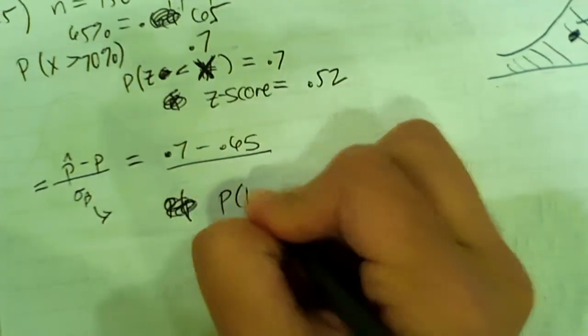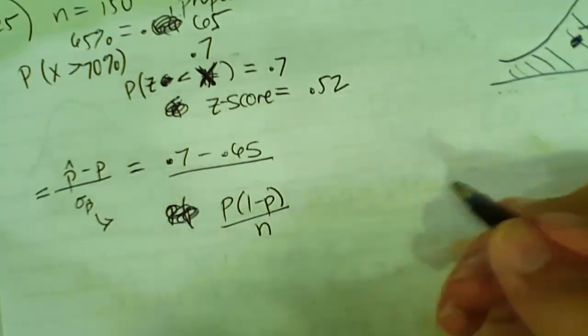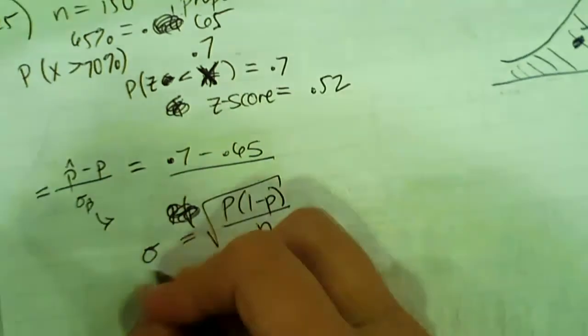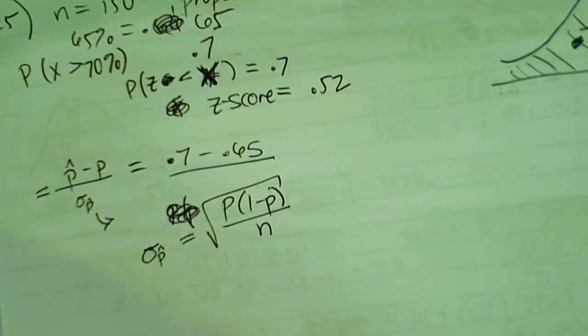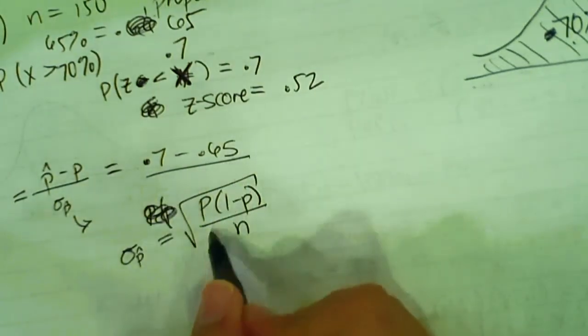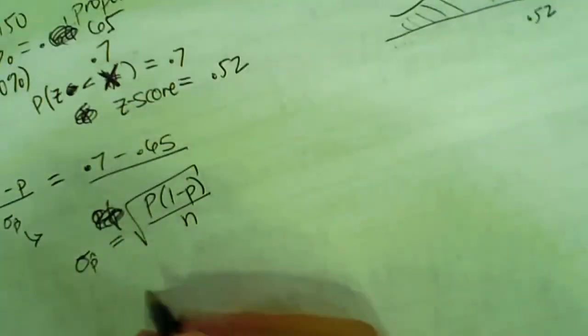P times 1 minus P over N, and you square root the whole thing. So that would then be that. Yeah. Okay, that makes a lot more sense. So then P would be 0.65 in here, and then N is 150.